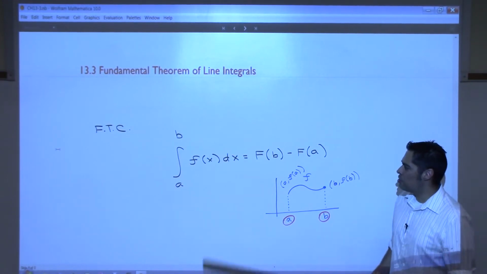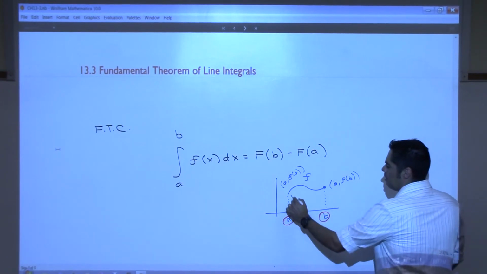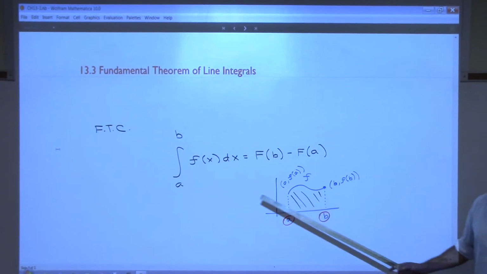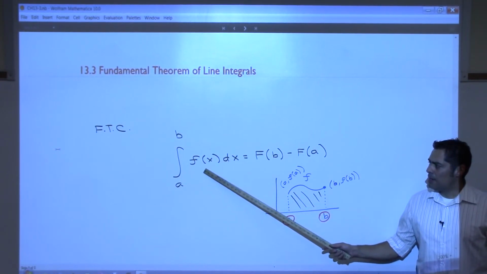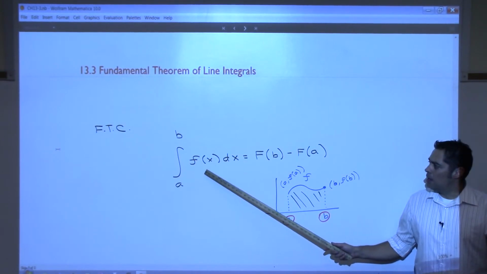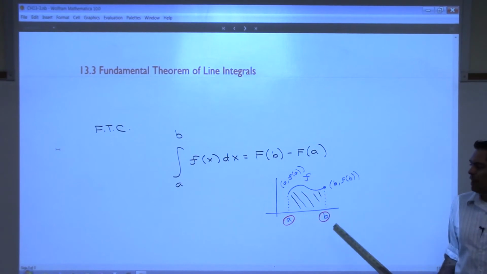We've been using this for a while, haven't we? So if we had a function of a single variable and we wanted to know the area below the function down to the x-axis, all it turned out to be is us being able to find the antiderivative of that, right? Then all we'd have to do is plug in the 2 endpoints.